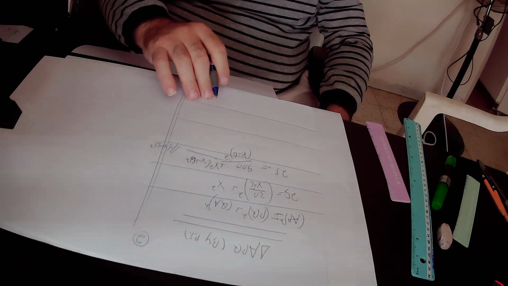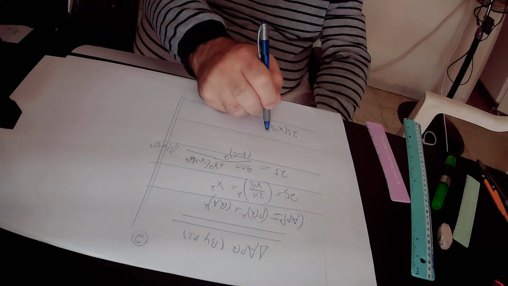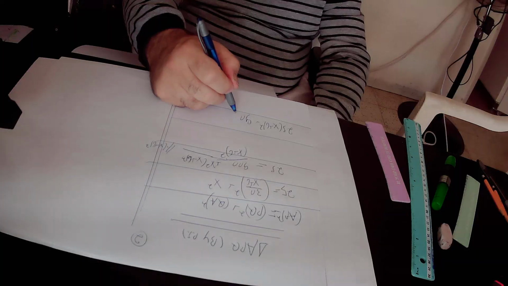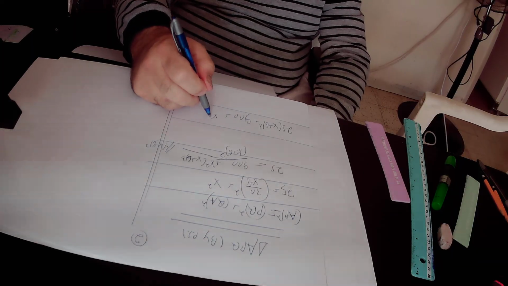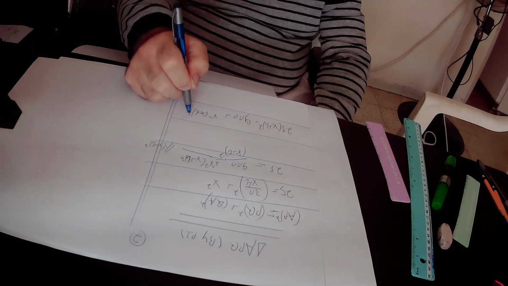And we get that 25 times (x plus 6) squared equals 900 plus x squared times (x plus 6) squared.